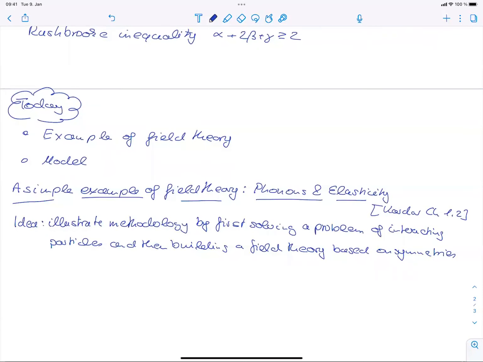Yeah, so the idea is we're going to do brute force, really trying to solve step by step the problem of interacting particles, or of sound waves.